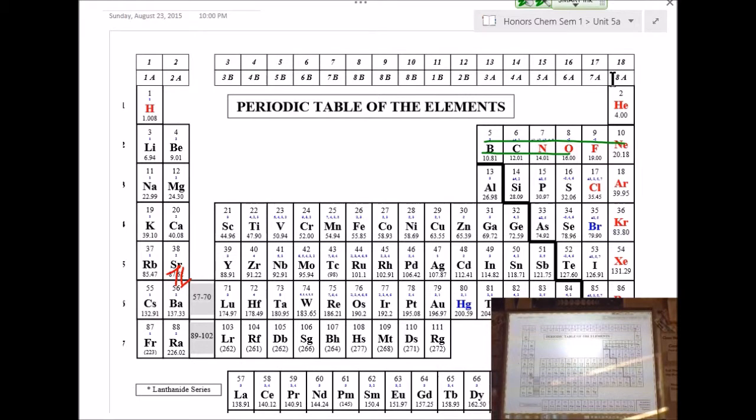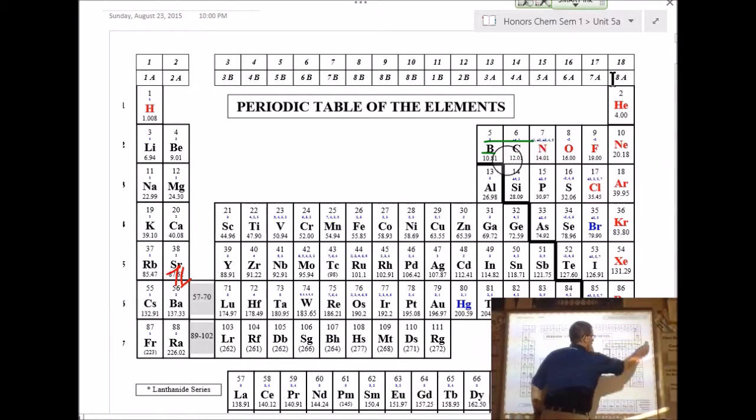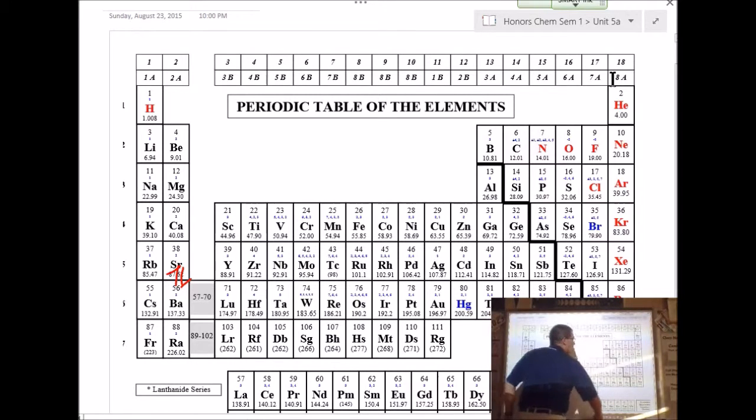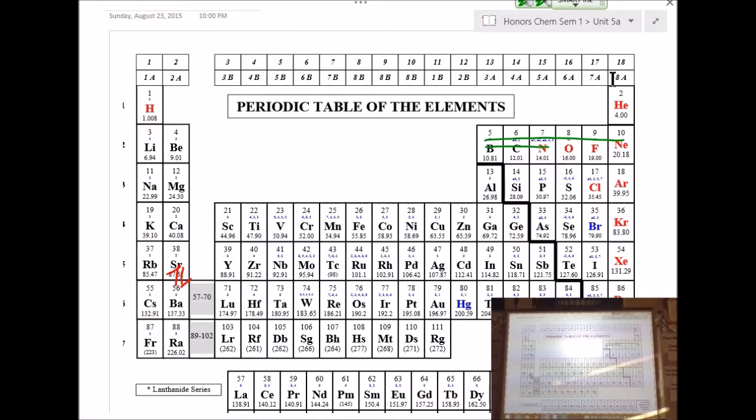So how many more do we need to gain? So what's the charge on oxygen? Not positive. -2. Very good. So let's look at a different one. Let's say we're looking at nitrogen. It has how many electrons in the p's? So it would be a -3 charge because it needs to gain 3 to have 6. It's just that easy, guys.